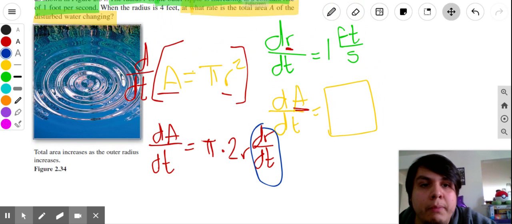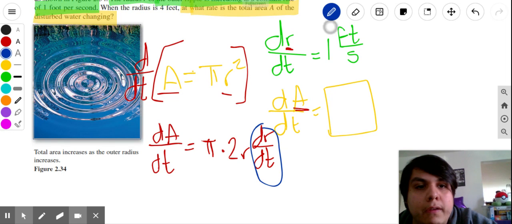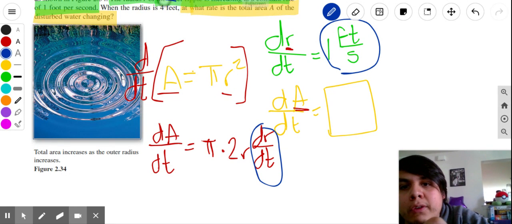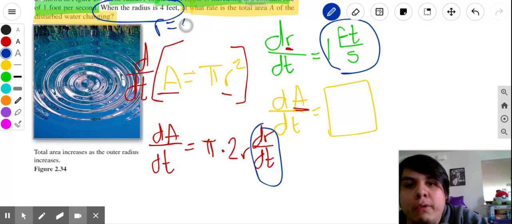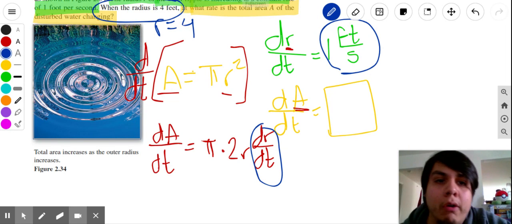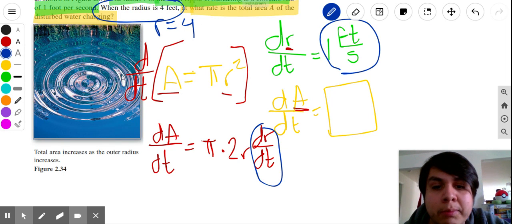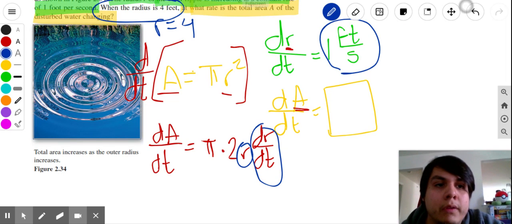They told me that it would be 1 foot per second. They also told me that when the radius is 4, that means r has to equal 4. So now all you have to do is take the information and substitute it in for the variables that you have. All right?